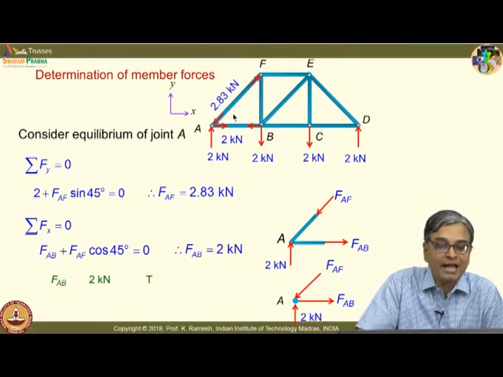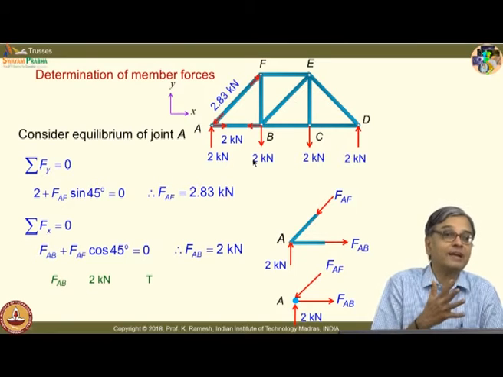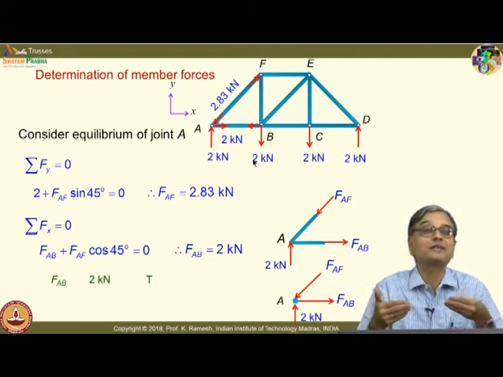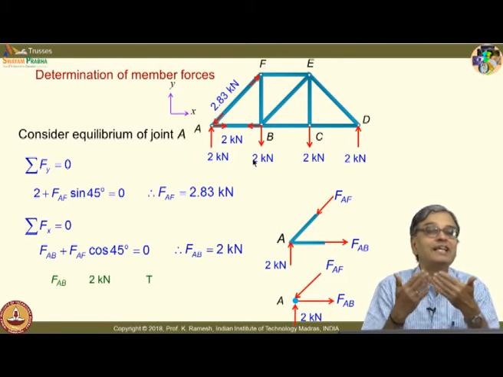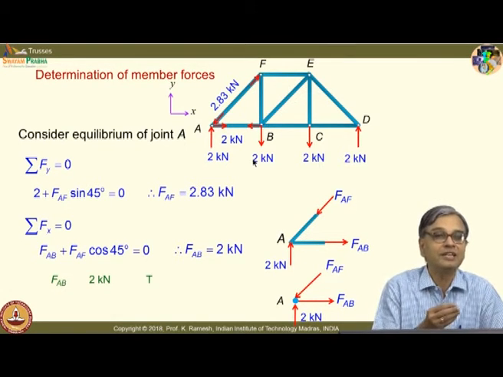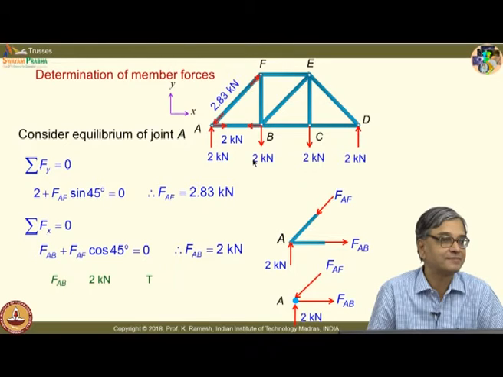But if I look at the arrows like this, what is the impression you get? It appears as if it is in compression. This you have to live with it, you have to understand. Finally, when they represent the results of truss in a diagram, civil engineers do it like this.